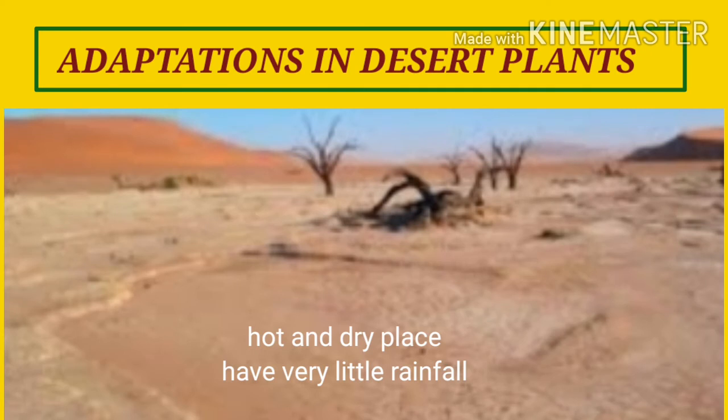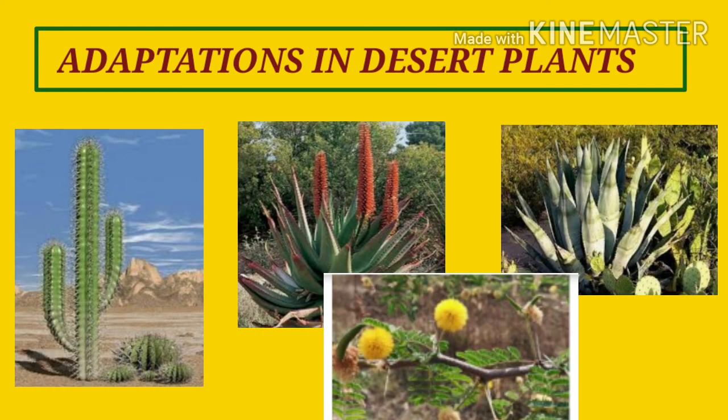Adaptation in desert plants. Desert is a hot and dry place and there is very little water. Desert receives very little rainfall, but you can see it still has plants around it like cactus, acacia, etc. These plants have special adaptations which help them to survive in dry and hot places.